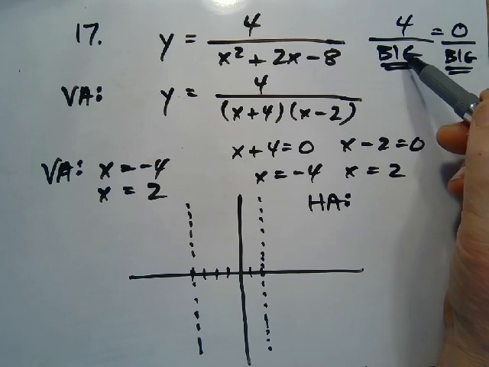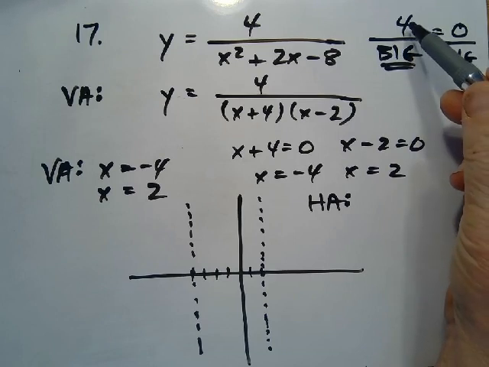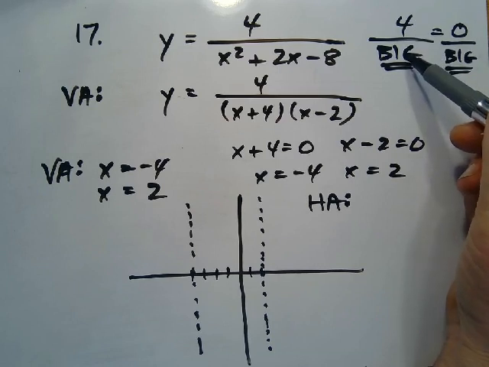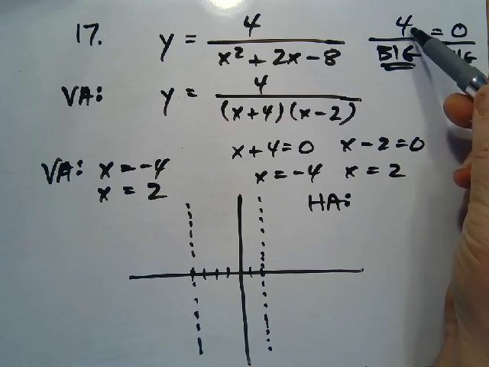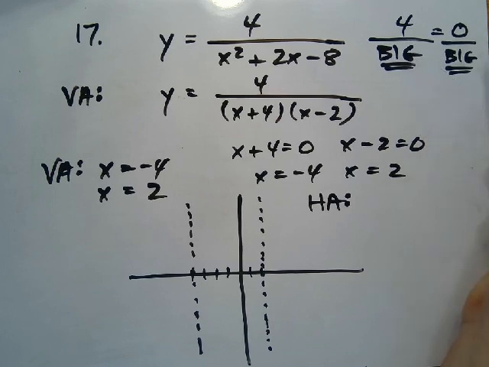Let's say you owed somebody $1 billion and you paid him $4 to pay it off. That's practically nothing. It means absolutely nothing to getting that bill paid off. I mean it's not nothing, but it's insignificant in terms of paying off your $1 billion debt or whatever. So this is basically 0.